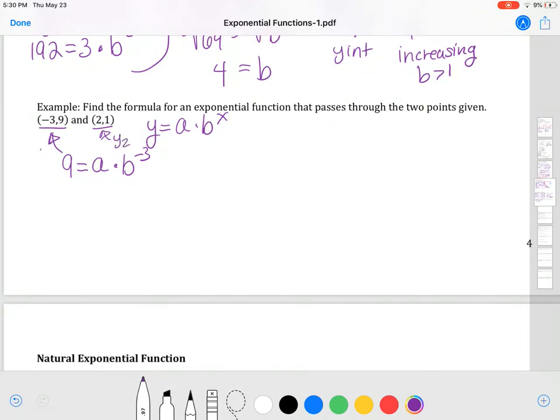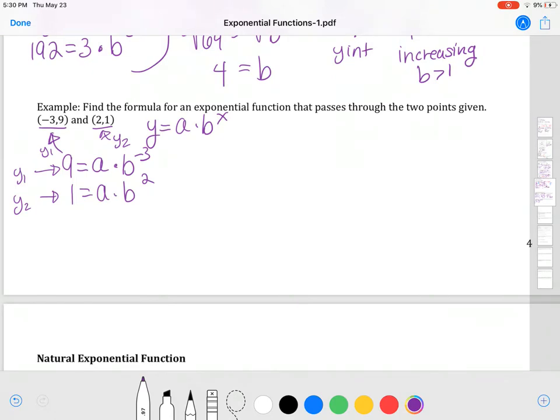So I'll call this y2 and this y1. So this is my y1, and I'm going to come up with a y2. My y2 is going to be, if I plug in 1 for y and 2 for x. So now I have a system of equations that has 2 equations and 2 unknowns.